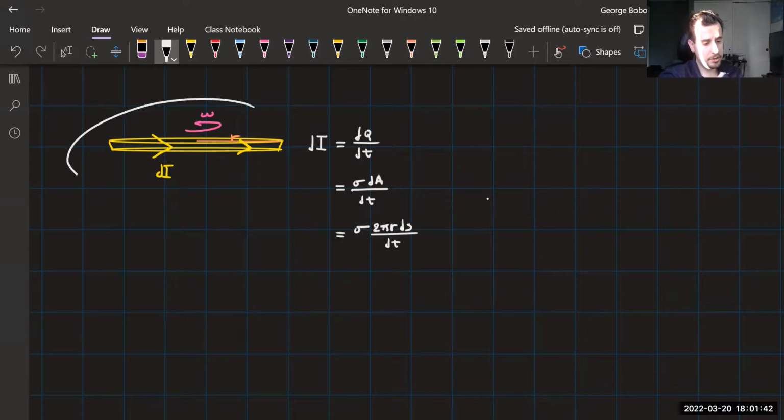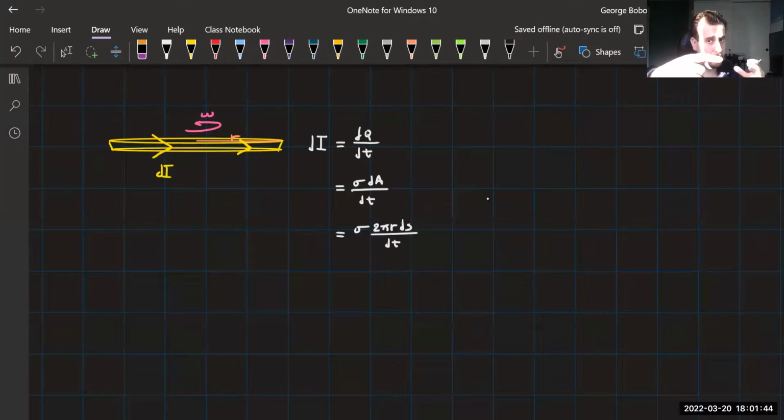This is a little bit tricky, because it belongs to a rotating sphere. So when I open the DQ up, sigma dA is fine to write for DQ, but it's going to be harder for you to dig out the relationship where I can shove in omega right now.